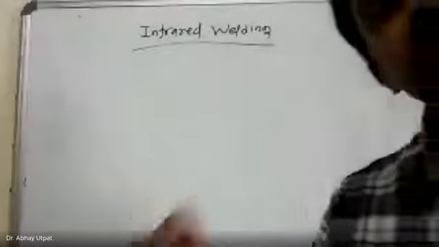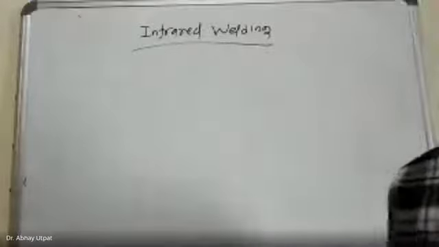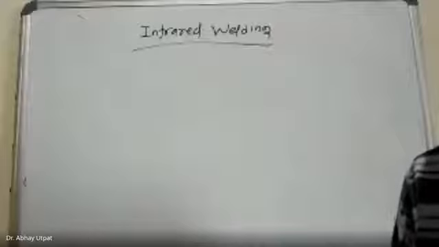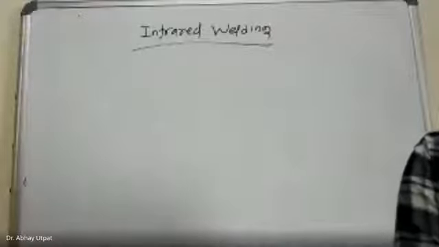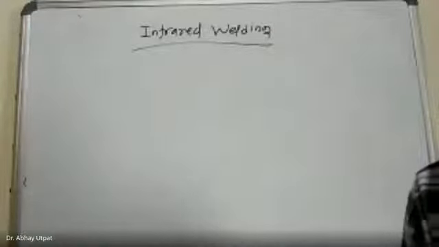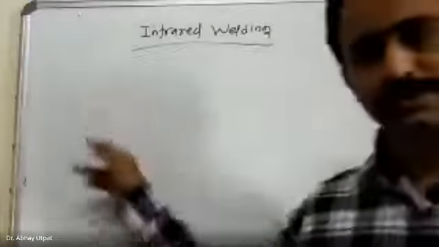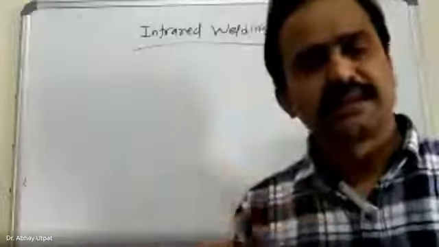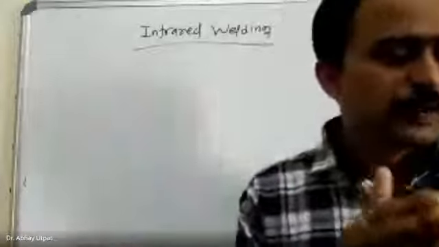Next star mark: infrared heat can be transferred without contact. Infrared heat means it is directly a heat source. Radiations are heated. It is a heat source directly. Infrared heat is transferred without contact.